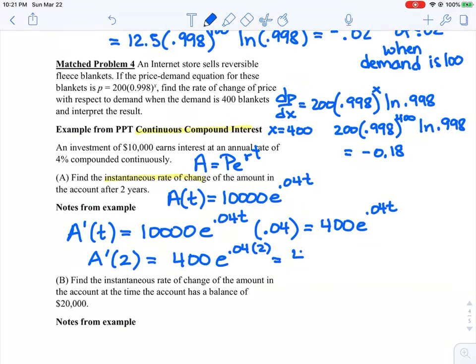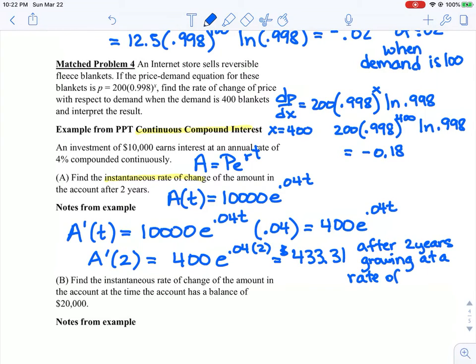And you get $433.31. So after 2 years, it's growing at a rate of $433.31 per year.